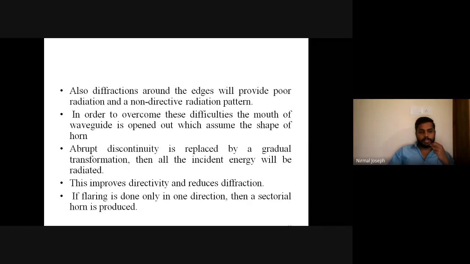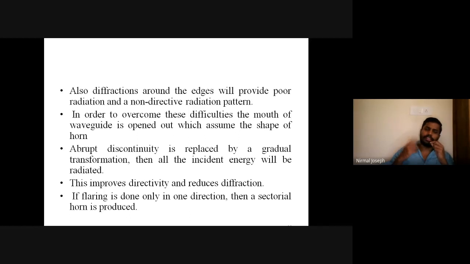And one more problem is there also. Diffraction around the edges will provide poor radiation and a non-directive radiation pattern. If you just open the waveguide, there won't be any particular directivity. Practical waveguides you might have seen are just like a hollow rectangle, with four edges.